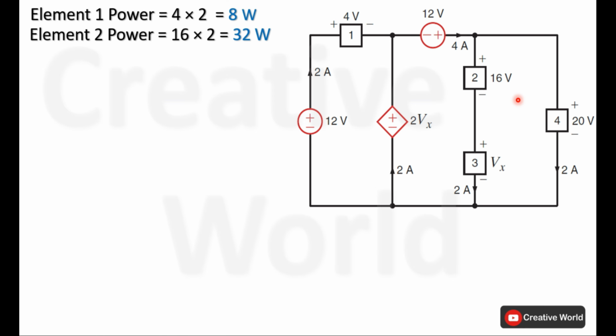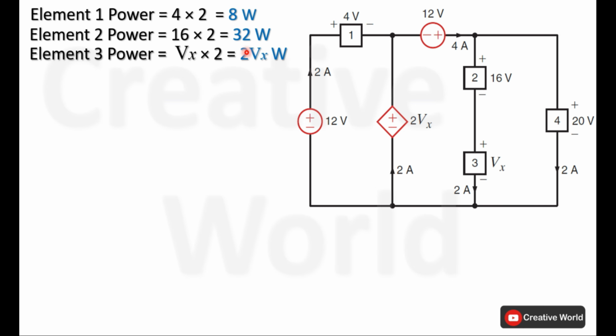Power of element 2 will be voltage across it 16 volt and current through it 2 ampere. And this current is entering from positive terminal, so this current will be taken with positive sign. And the power of element 2 will be 16 multiplied by 2, that is 32 watt. And this power is again positive, so this element will be absorbing power of 32 watt.